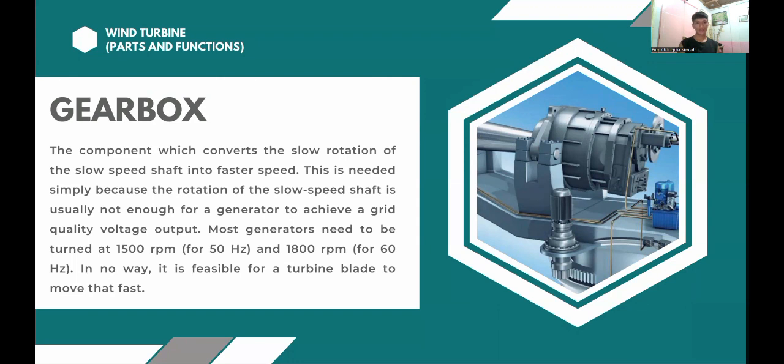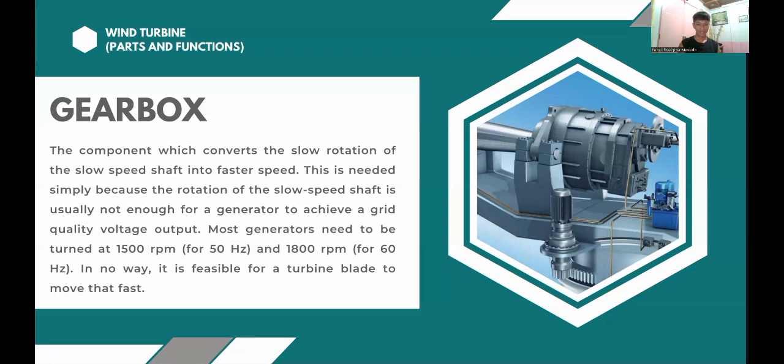So yung gearbox daw ay nag-convert ng slow rotation into faster speed. Parang etong gearbox ay kahit mabagal yung ikot ng blade, mabilis yung pag-achieve ng quality voltage.